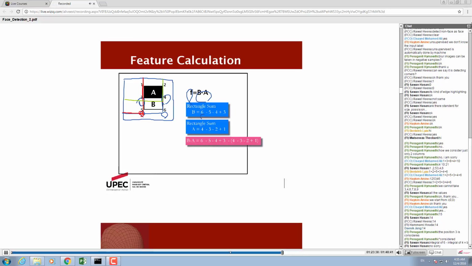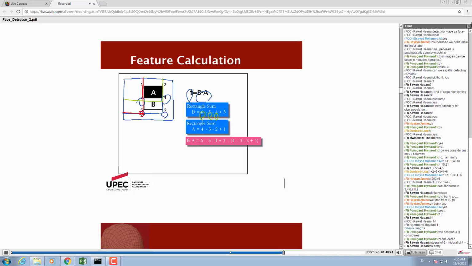So I want to subtract 4 because I know the 4 value. 4 means this green region.